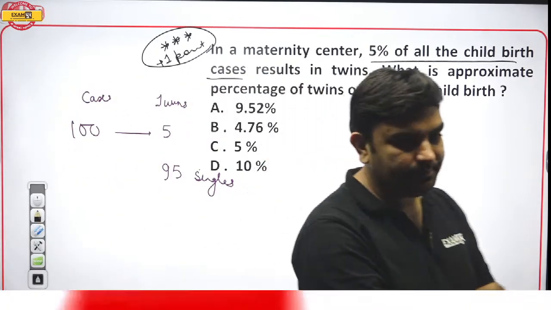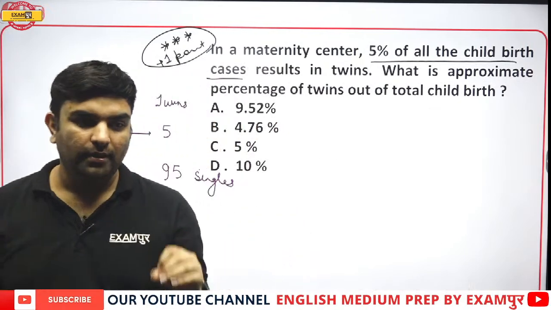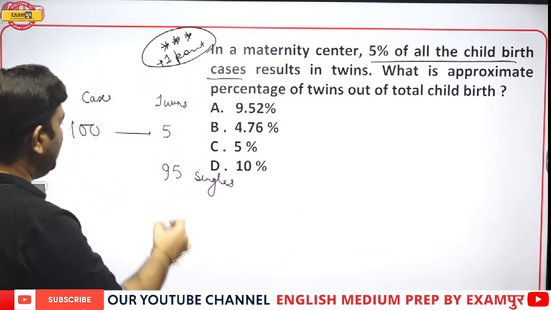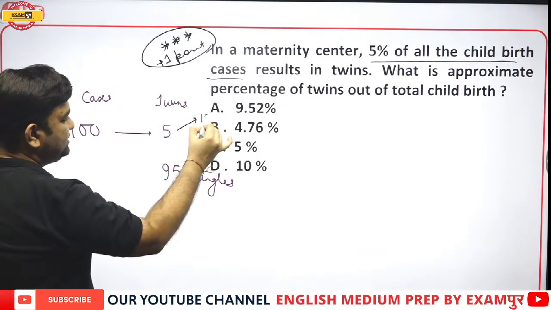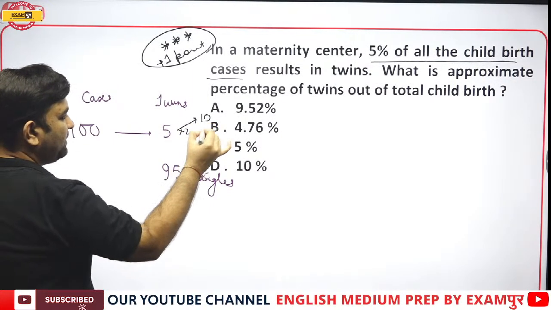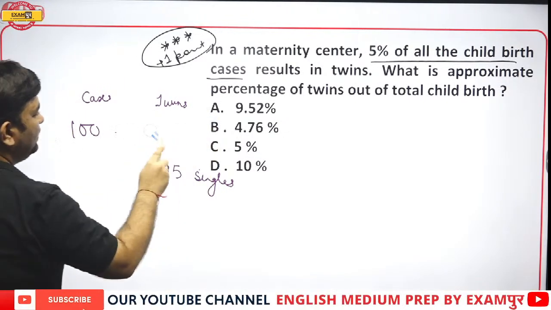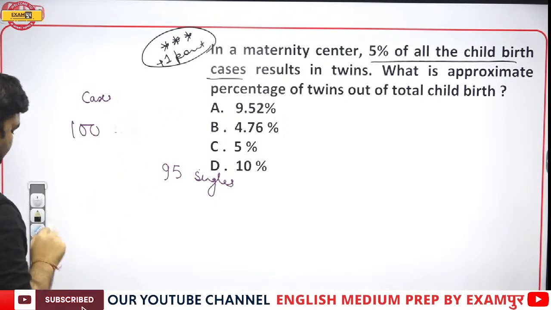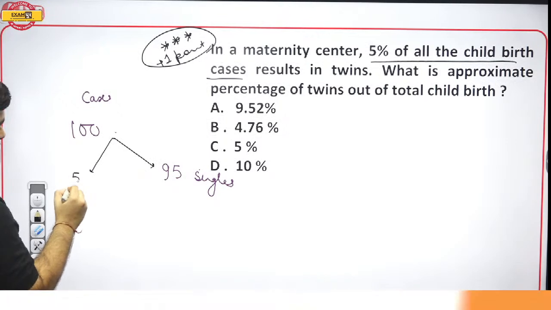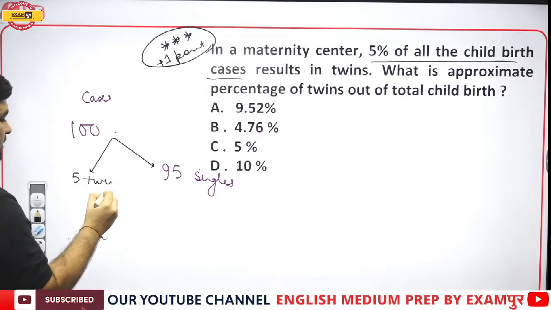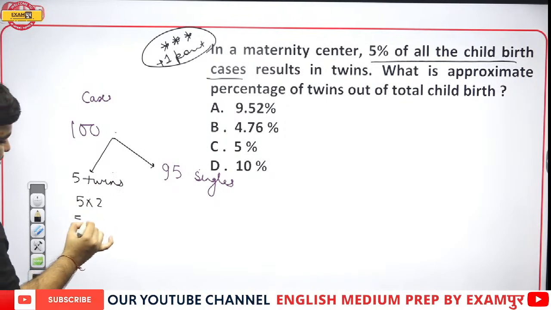So 5 cases are twin. In 5 cases, how many children would have been born? 10 children. 95 singles and 5 twins. So in twin cases, there are 10 children.